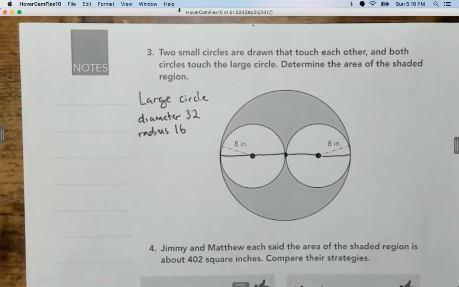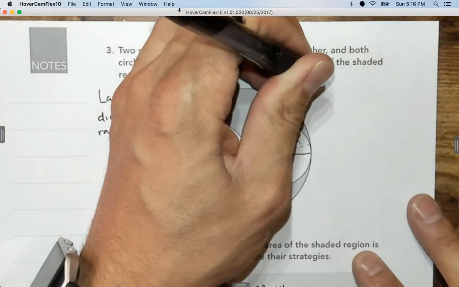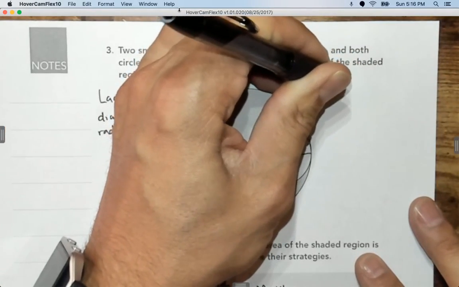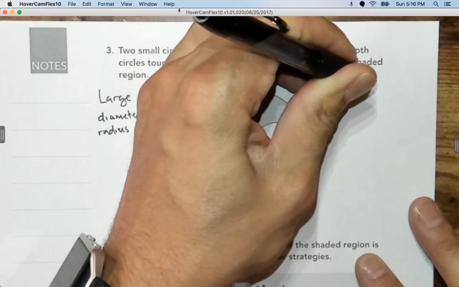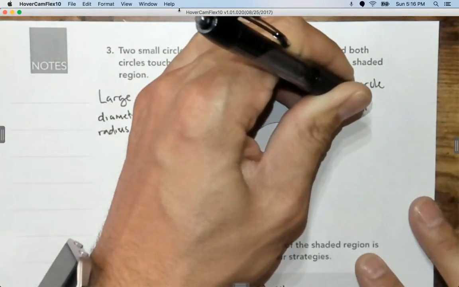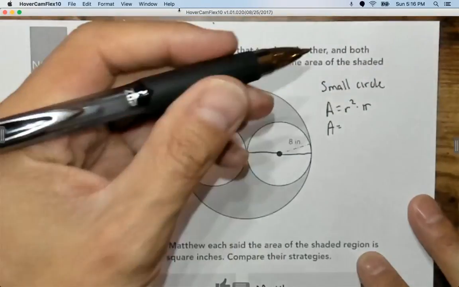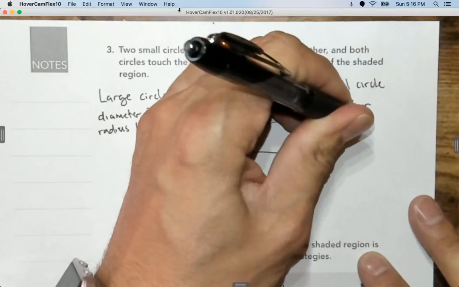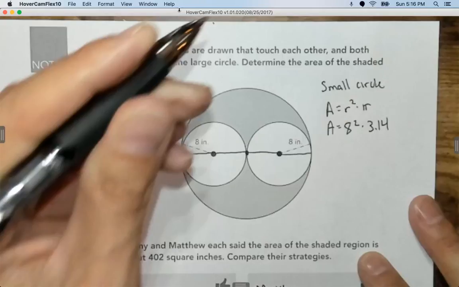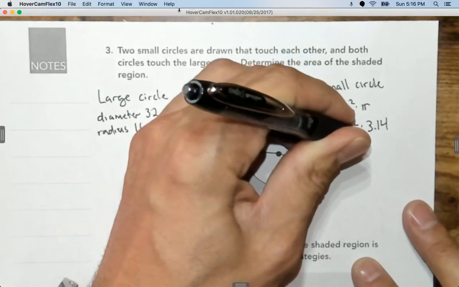Okay, now if I'm solving this, what I would do first is start by getting a small circle. And so I know the area is the radius squared times pi. I can flip that around, pi times radius squared. Then that would be 8 squared times 3 and 14 hundredths. That would be 64 times 3 and 14 hundredths.